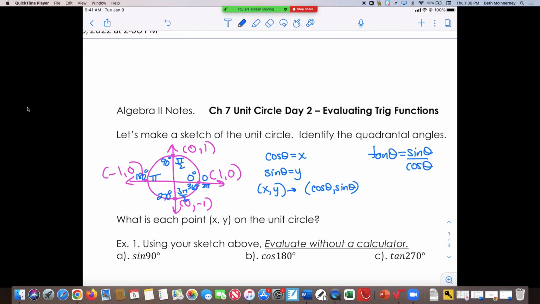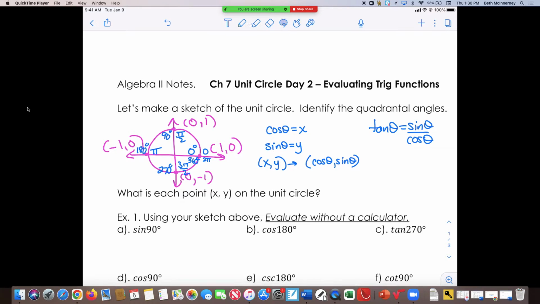And I could draw a point (x, y) and redo that, but we've done that before. So those are the things that we're supposed to know. So every single point is (cosine theta, sine theta).